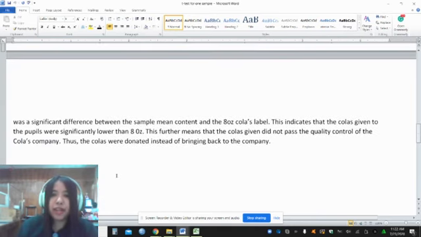So we also reported that and gave its implication, that what is the indication of saying that there was a significant difference. It means that it is significantly lower, and it also means that the given cola to the pupils did not pass the quality control.